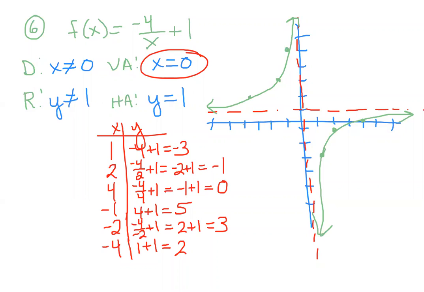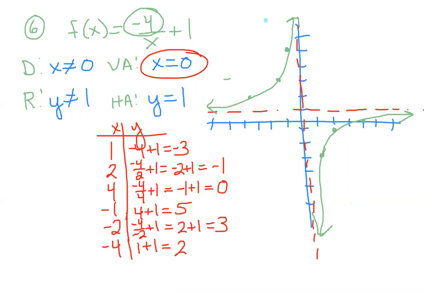Now let's look at this for a minute. This -4 on top made it reflect over the x-axis. So always before, they've been here and here, but because of that negative, it reflected and we had it be down here and up here.